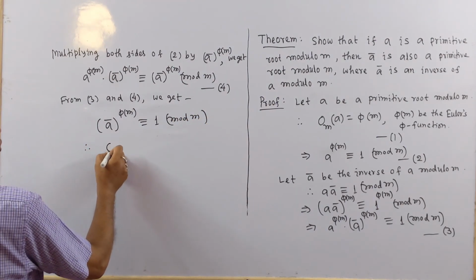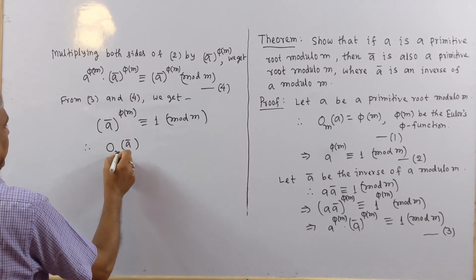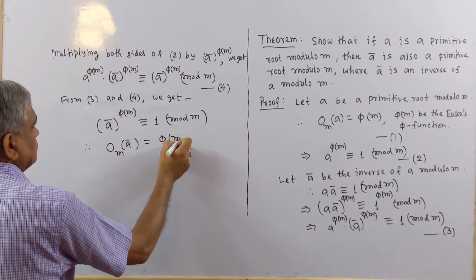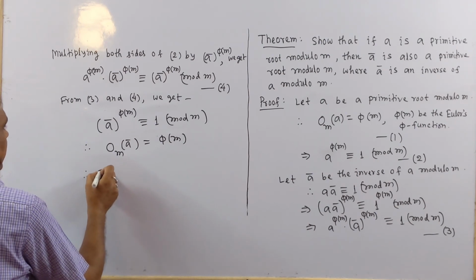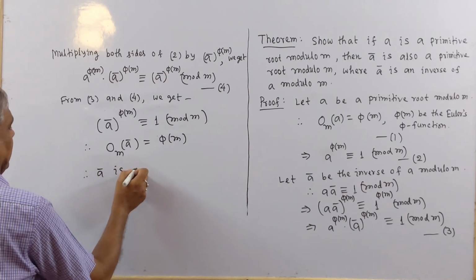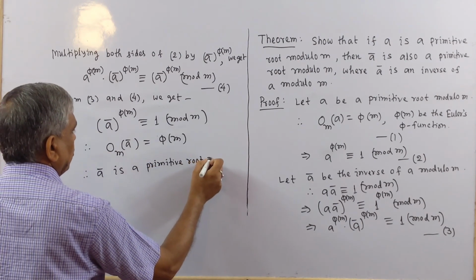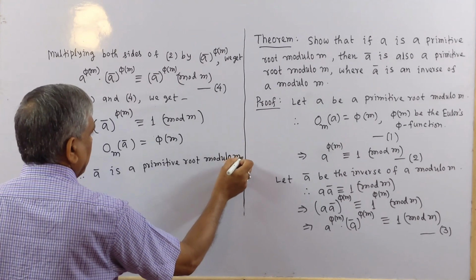Therefore order of a bar modulo m equal to phi m. Therefore a bar is a primitive root modulo m. Proved.